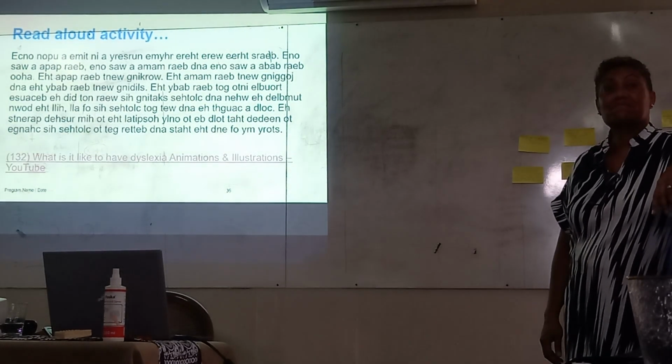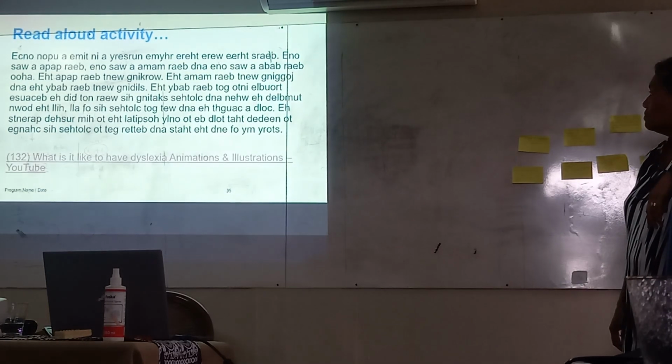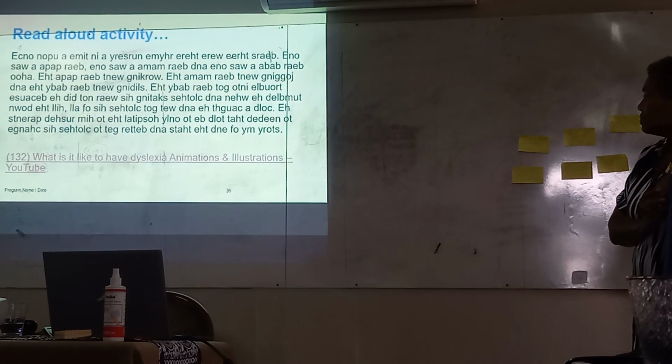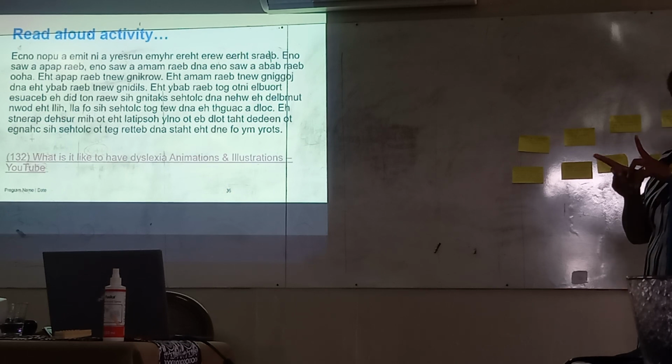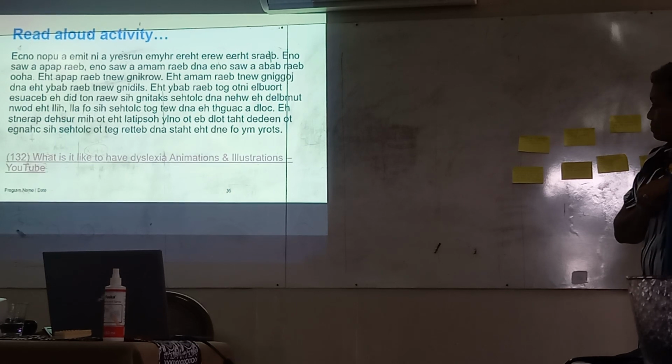Once upon a time in nursery rhyme, there were 3 bears. One saw a papa bear. One saw a mama bear, and one was a baba bear.